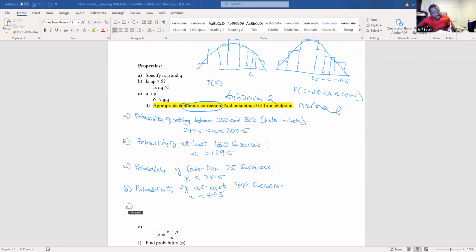And then the last one, what if it says probability of exactly 100? What would be the value there?